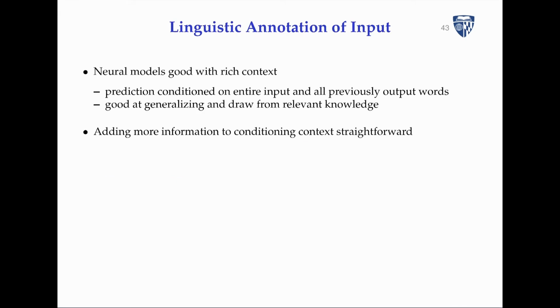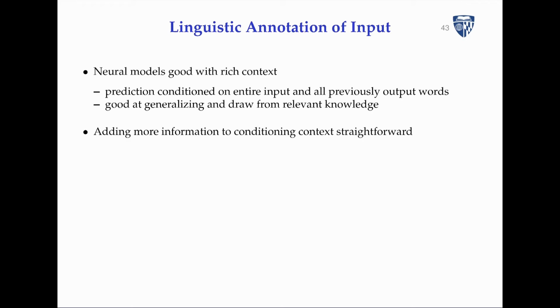So linguistic annotation of the input. One nice thing about neural models is they're very good with rich context. We can just throw more inputs at it, and they don't really have any problem with it. They pretty gracefully consider that in predictions or ignore it.